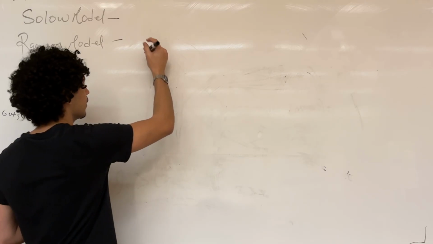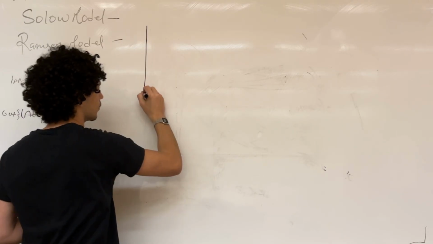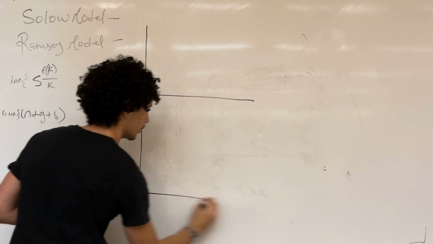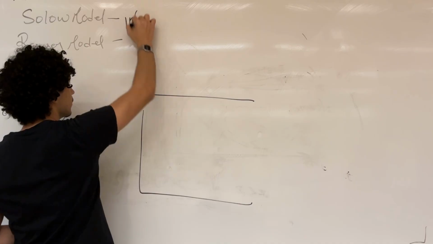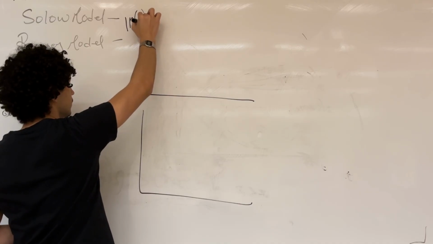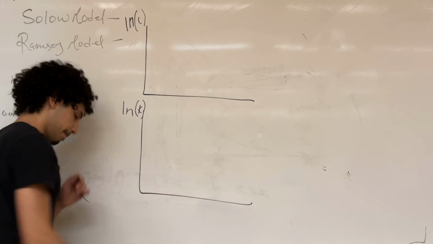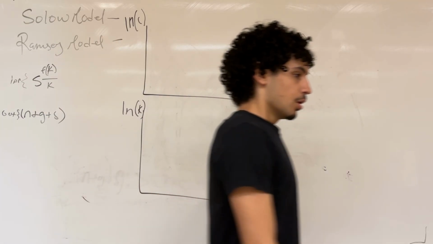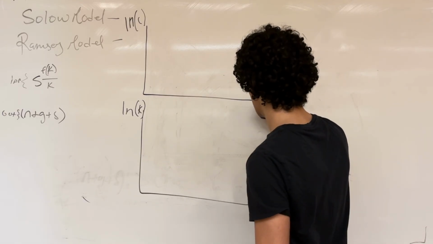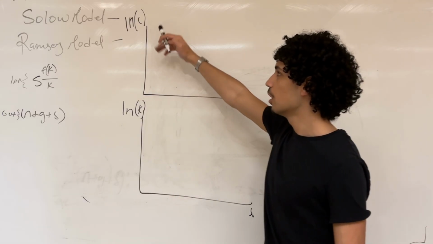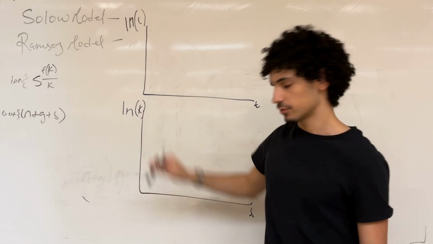So, we have ln of C on one axis and ln of K on the other. Okay, time. So this is the natural log of consumption and the natural log of capital.